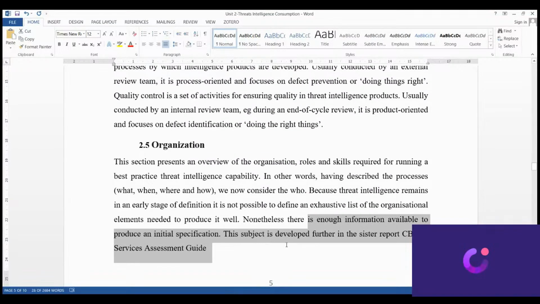This is further developed in the sister report, the CBEST Service Assessment Guide. So we have this CBEST Service Assessment Guide that has provided a clear framework that is needed when you want to categorize the roles as well as the skills needed to respond to threats in the organization.